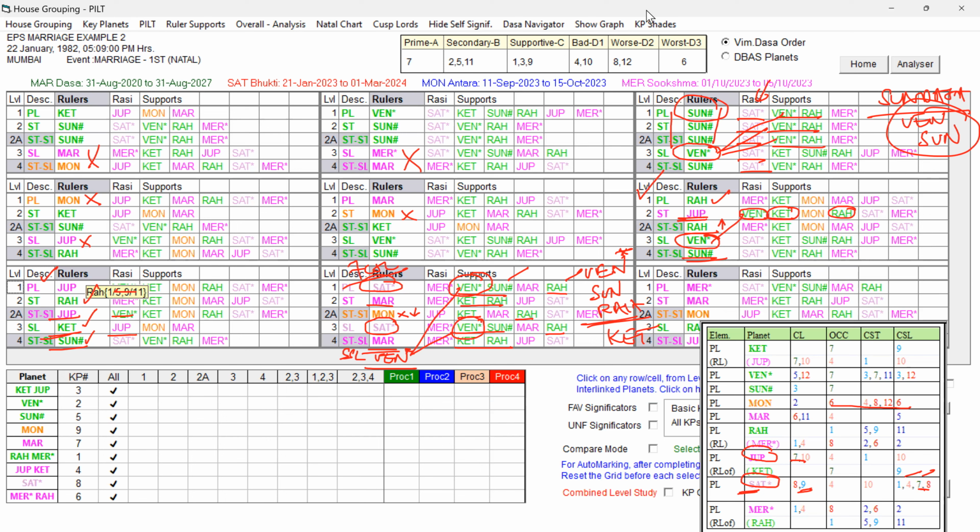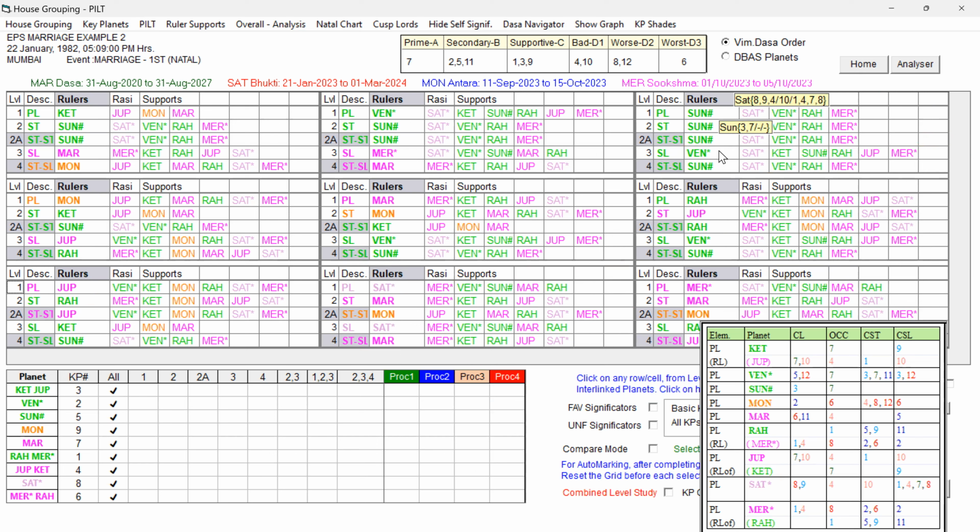So the key planets of the Dasa Lord, Venus and Sun, are playing role strongly in the Rahu Buddhi, and the other rulers are also favorable and forming ruler link. And in the Rahu Buddhi, the key planet of the Buddhi Lord is Rahu, because Rahu is the Buddhi Lord itself.